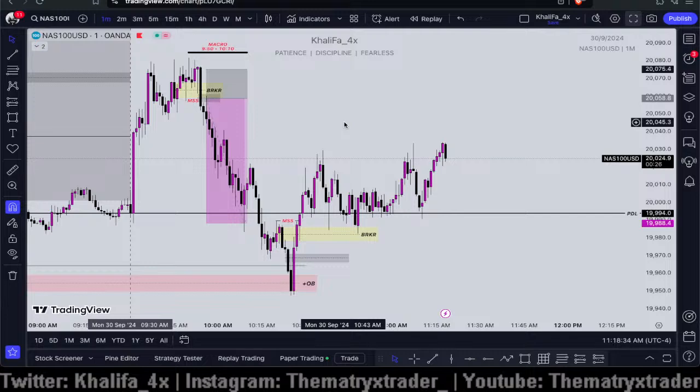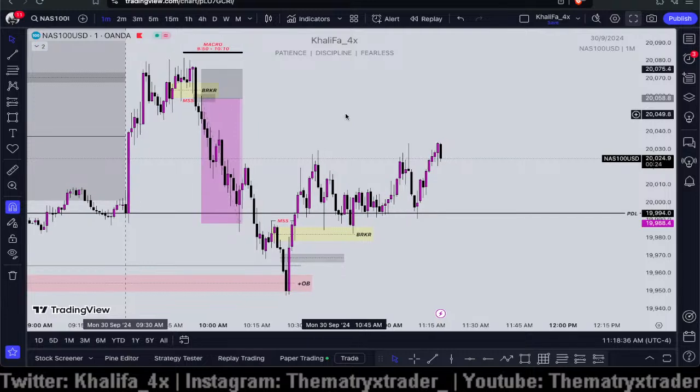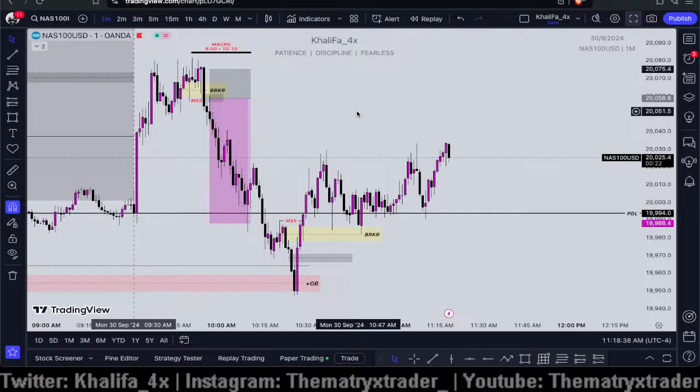If you are in my Discord community, you had one trade setup like 2 days ago or 3 days ago, I don't remember, but this is what happened with that. I marked out the optimal trade entry levels and it just swept with one wick and went in our favor.